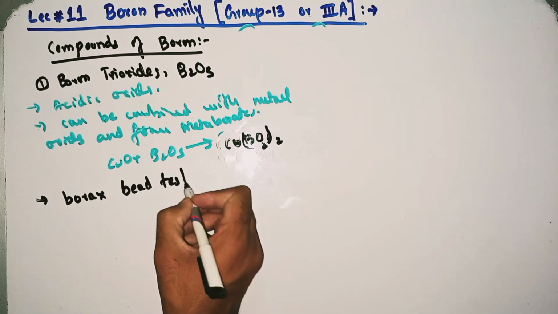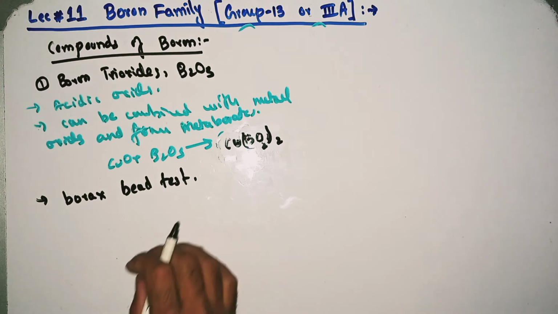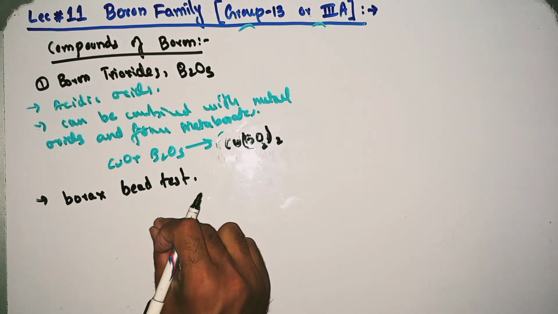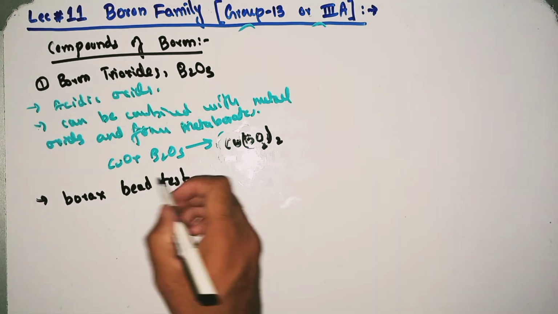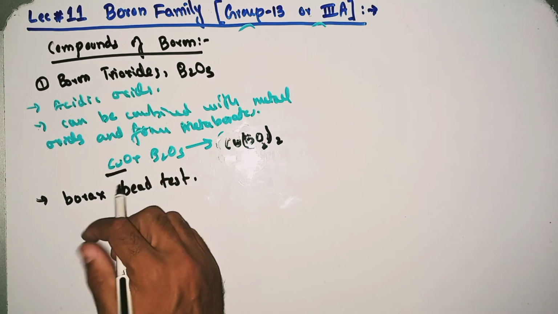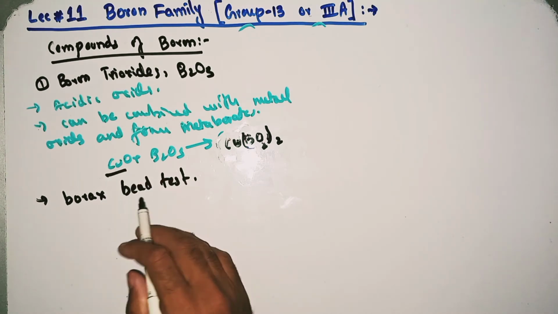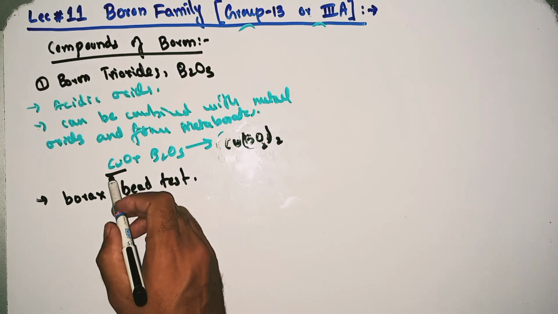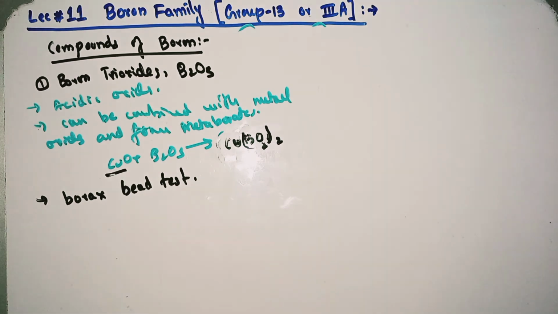What is meant by the borax bead test? It is a simple laboratory test for certain metals, here used for copper. It can be used for certain metal salts, copper oxide or salt.